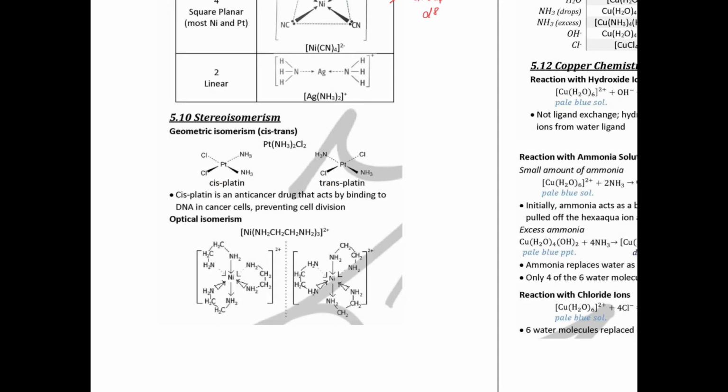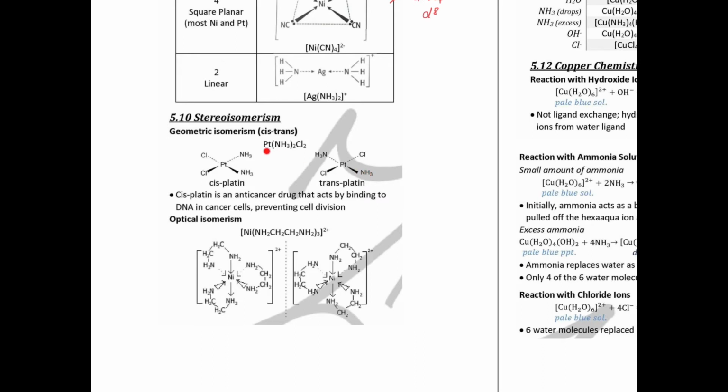So for cis, you can see the ligands of the same type stay on the same side, and another group of ligands stay on the other side. Trans, you can see they stay opposite from each other, the Cl and the NH3 also stay opposite from each other.